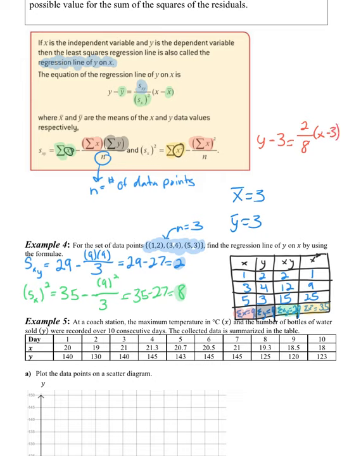And then we end up with 2/8 is going to simplify to 1/4 times x minus 3. And then we can say 1/4 x minus 3/4. And then we add 3 to both sides. And 3 is going to be 12/4.